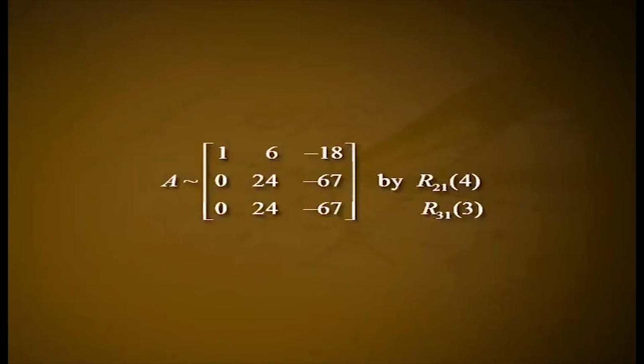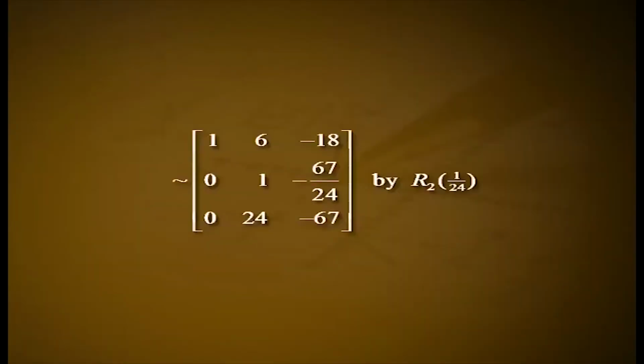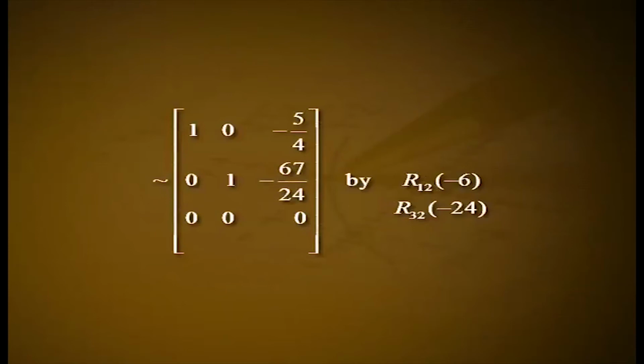A is equivalent to the matrix [1 6 -18; 0 24 -67; 0 24 -67] by R2+4R1, R3+3R1, which is equivalent to [1 6 -18; 0 1 -67/24; 0 24 -67] by R2 times 1/24, which is equivalent to [1 0 -5/4; 0 1 -67/24; 0 0 0] by R1-6R2, R3-24R2.